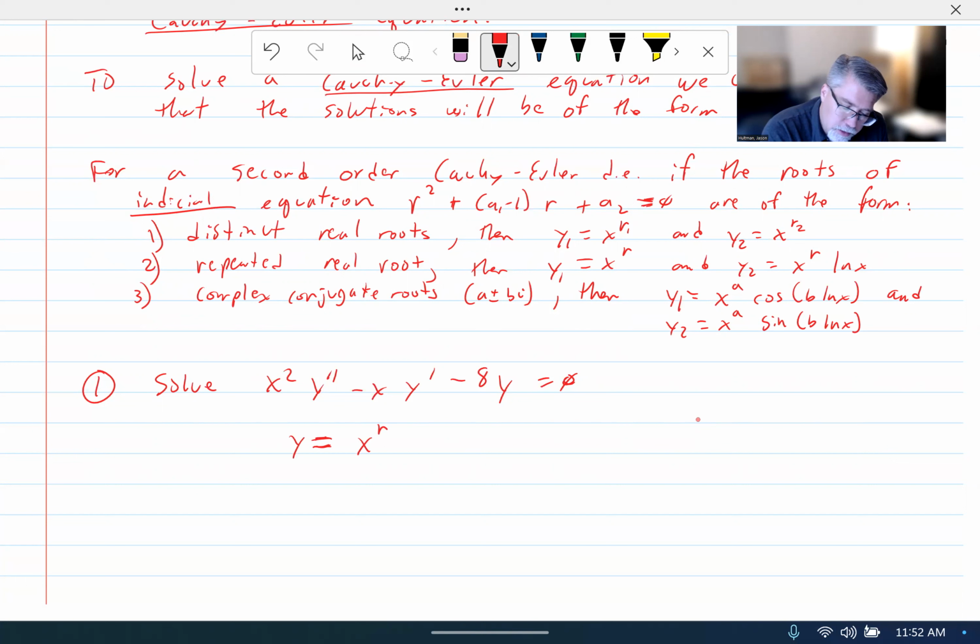If we look at our indicial equation, what's a1? a1 is the numerical coefficient of the second term, and that's -1. What's a2 here? a2 is the coefficient of the third term, the y term, and that's -8.